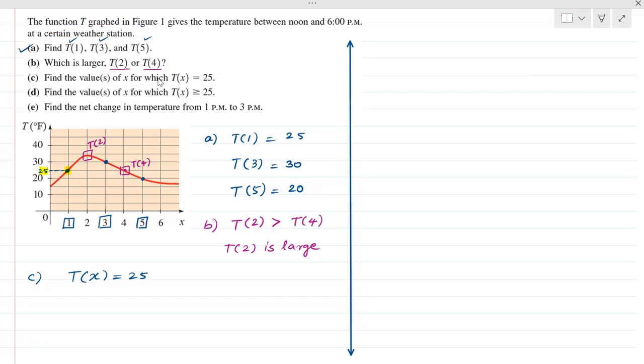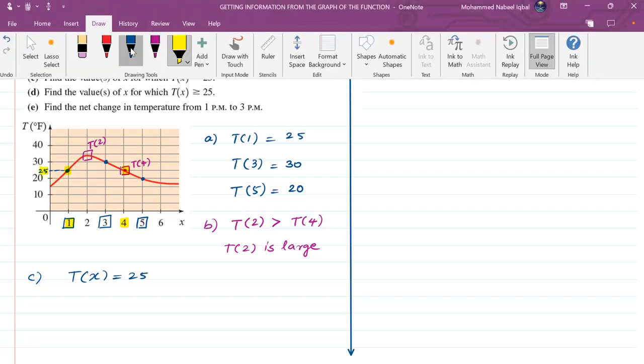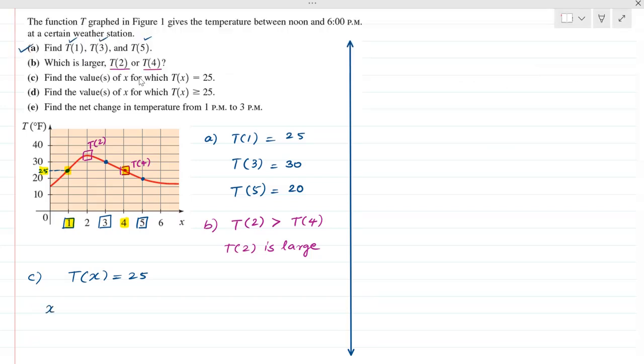When you go along this one, there is another position. What is the corresponding value of x? The x value is 1, and the x value is 4. So I will write: the corresponding values of x are x equals 1 and x equals 4. At these two values, T of x equals 25.